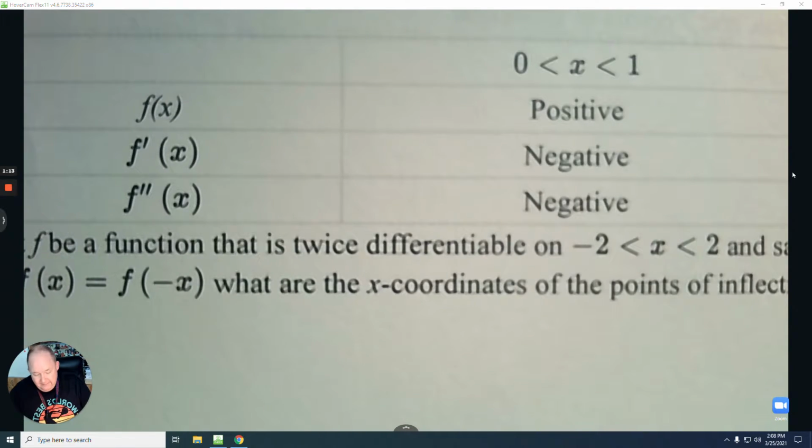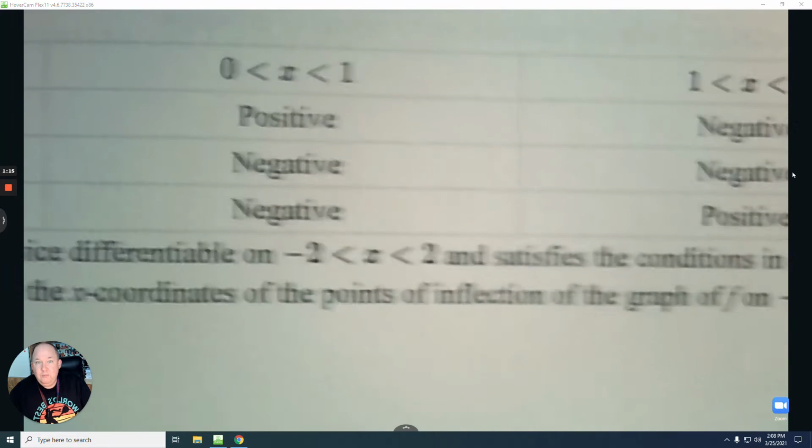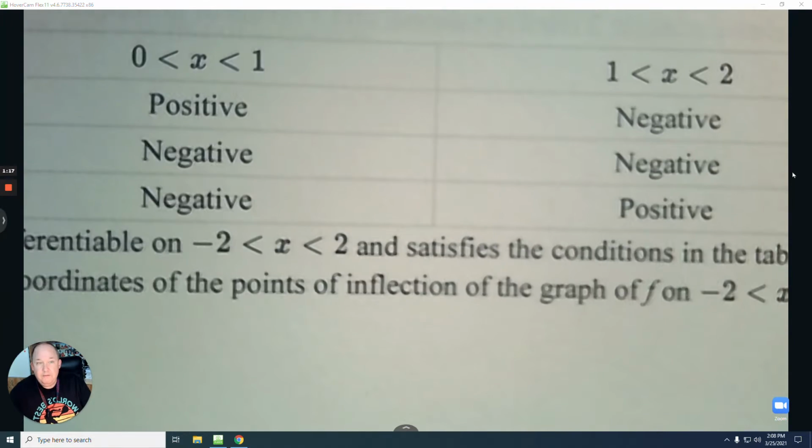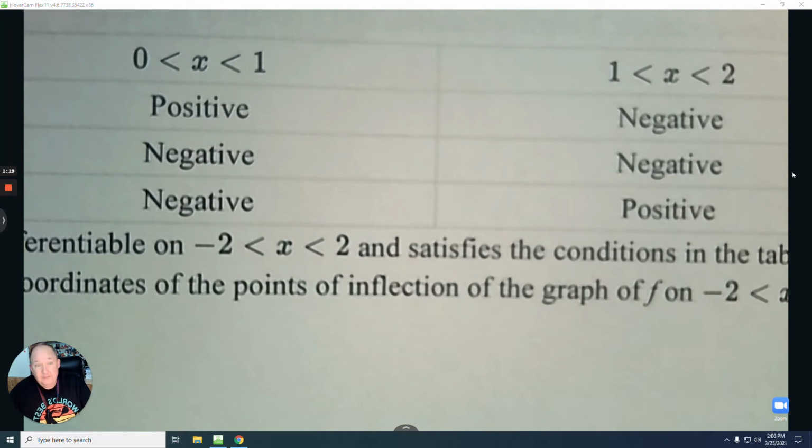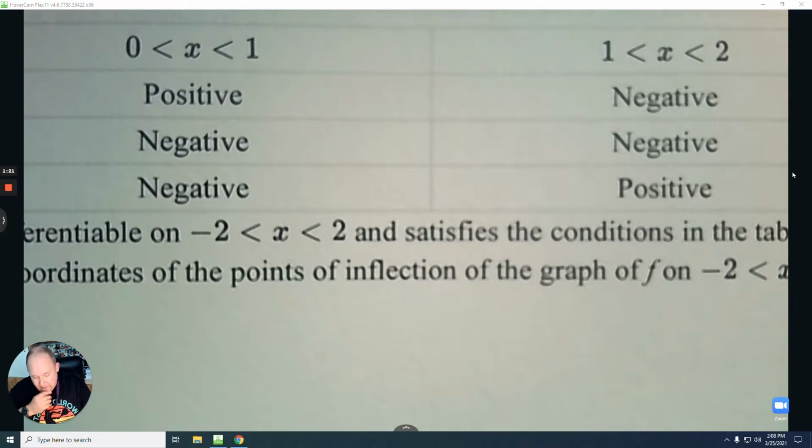Number 15. In number 15, you have a table of values. So we have the function, the derivative, and the second derivative. And the question is, let f be a function that is twice differentiable. If f at x equals f at negative x, what are the coordinates of the points of inflection of the graph of f from negative 2 to positive 2?